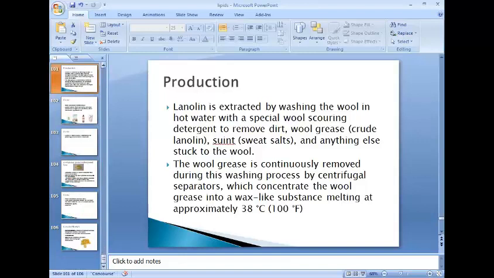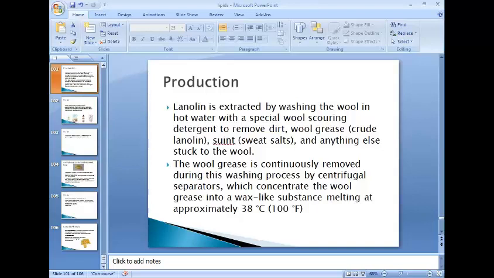How is this produced? The lanolin is extracted by washing the wool in hot water with a special wool scouring detergent that removes dirt, and wool grease, crude wool lanolin, and sweat, salt, and anything other which is stuck to the wool are separated out.